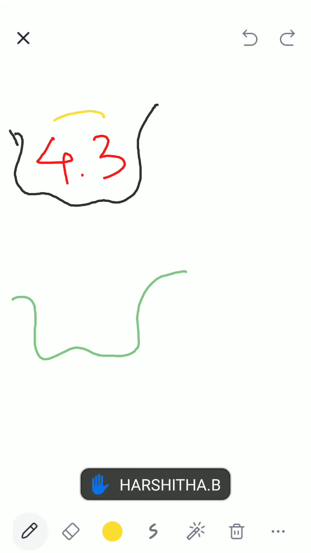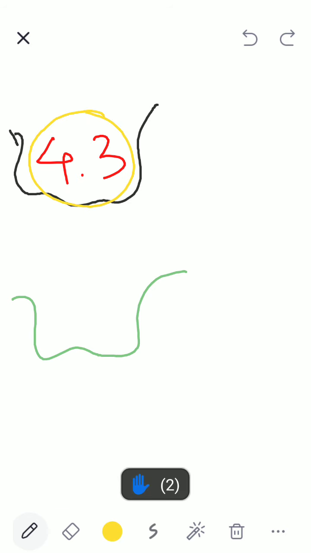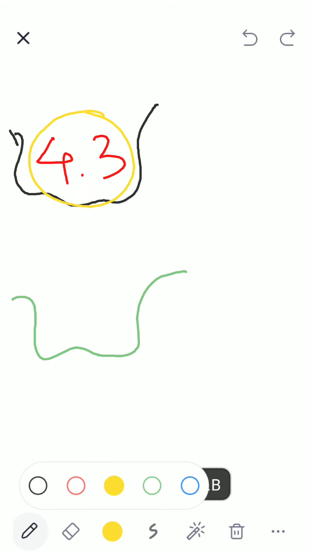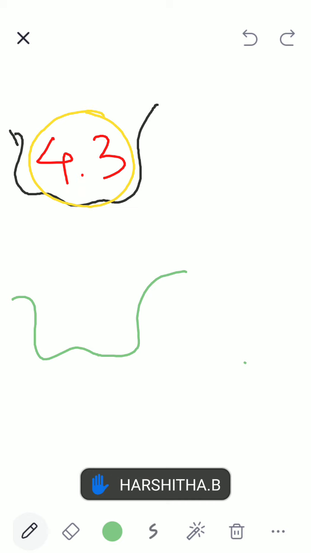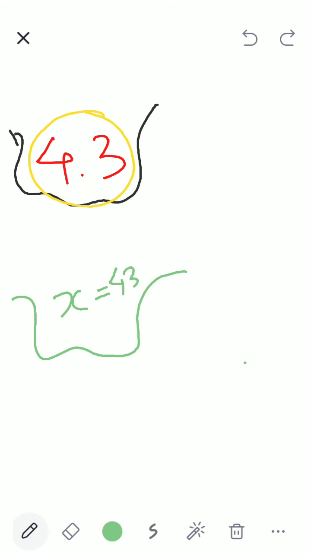Yes, Harshita. Exactly. So I will get this as 43 by 10.